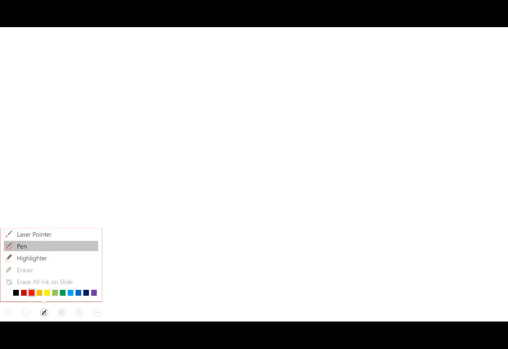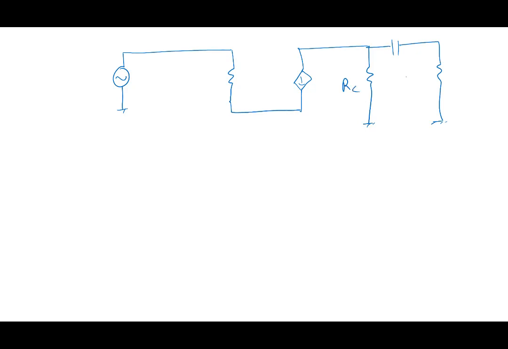Let me draw another circuit for you. Let's stick with this here. Alright, what will V0 by Vs look like?